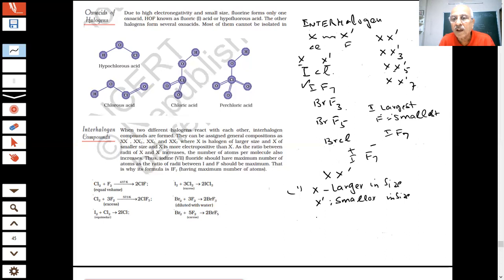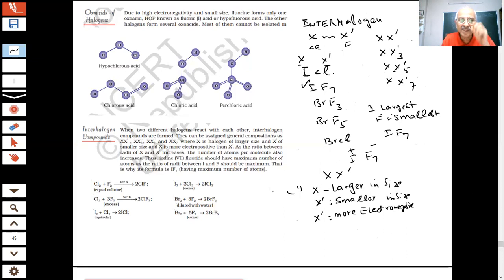Therefore, X dash is more electronegative. These are some generalizations which help us in understanding these compounds. That we know what type of compounds are there.